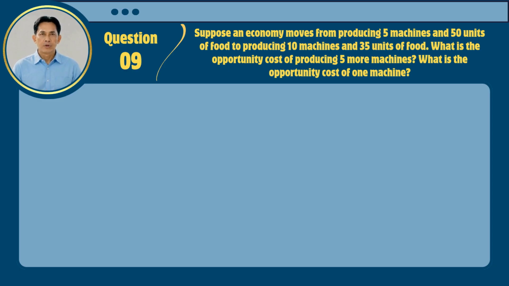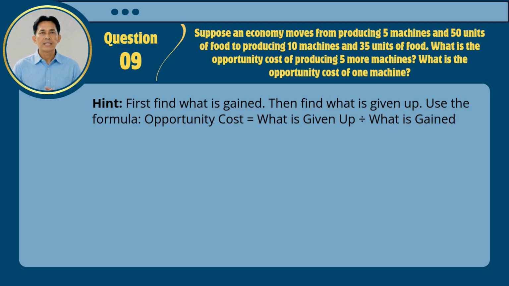Here's question number 9. Suppose an economy moves from producing 5 machines and 50 units of food to producing 10 machines and 35 units of food. What is the opportunity cost of producing 5 more machines? What is the opportunity cost of one machine? Here's a hint. First, find what is gained. Then find what is given up. Use the formula. Opportunity cost equals what is given up divided by what is gained.